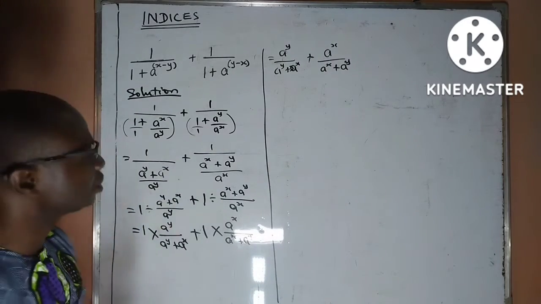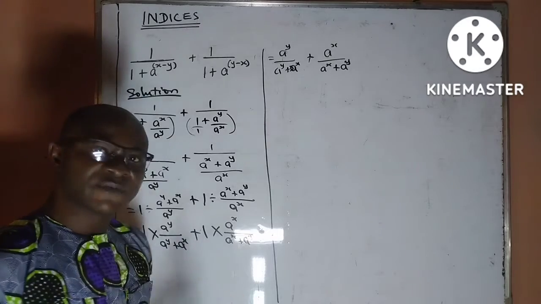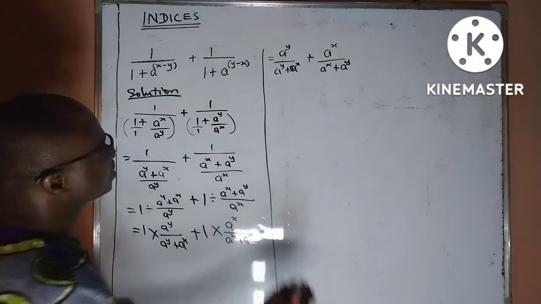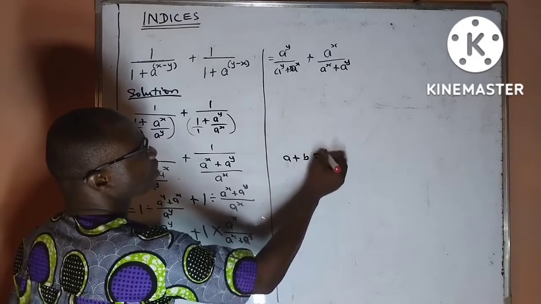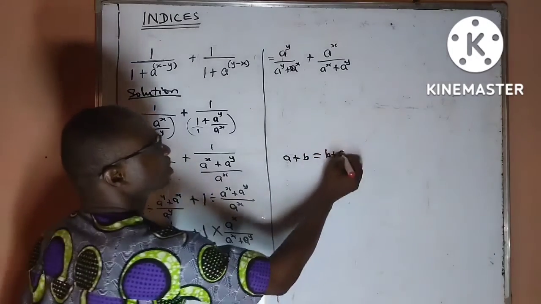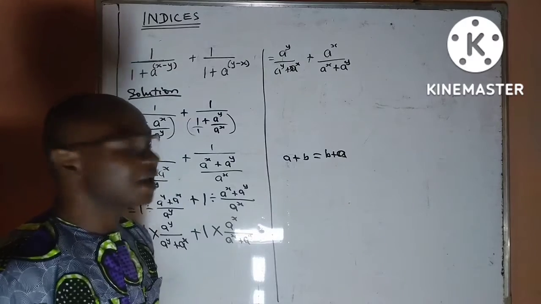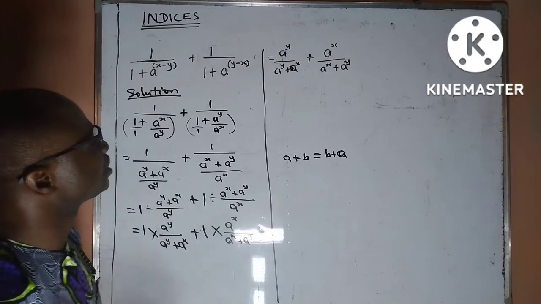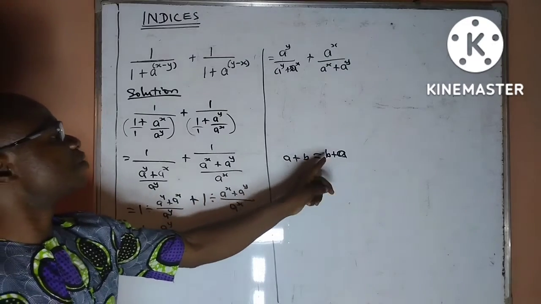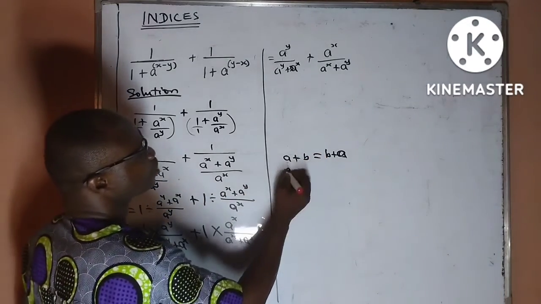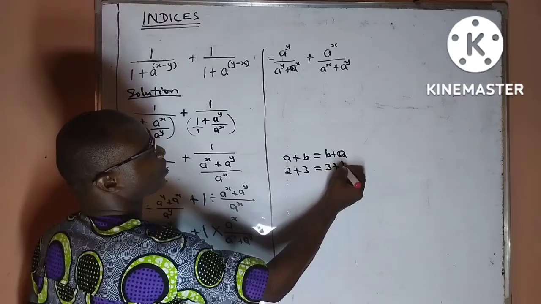I want you to know the commutative law that says that a plus b is equal to b plus a. That is the addition law. The commutativity law says that a plus b is equal to b plus a. That means 2 plus 3 is equal to 3 plus 2.